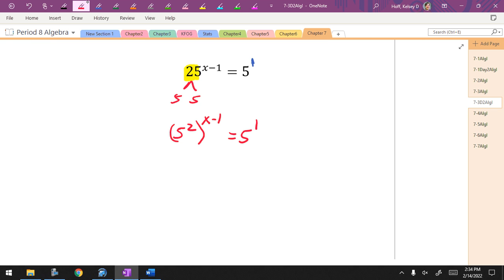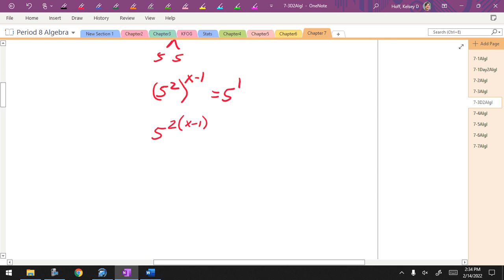You want to rewrite this like so. 5 with 2 times x minus 1. Is it essential that x minus 1 is in parentheses? Yeah, because you got to distribute that 2 eventually when we get there, right? Now that my parentheses are up in my exponent, I have the same base. I can drop my base. 2 times x minus 1 equals 1.